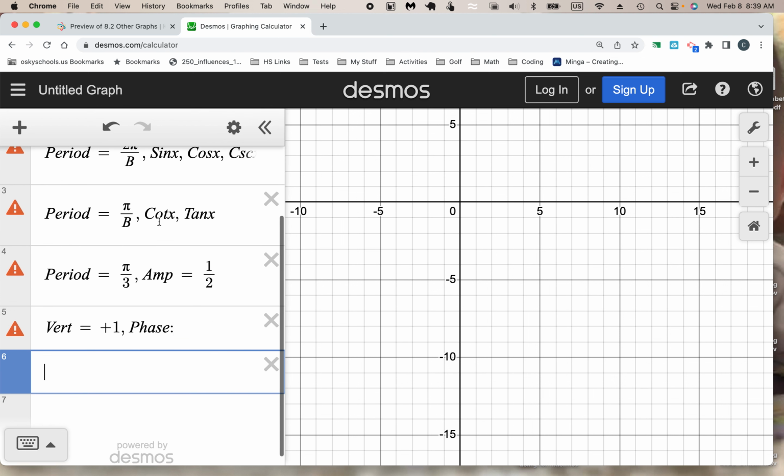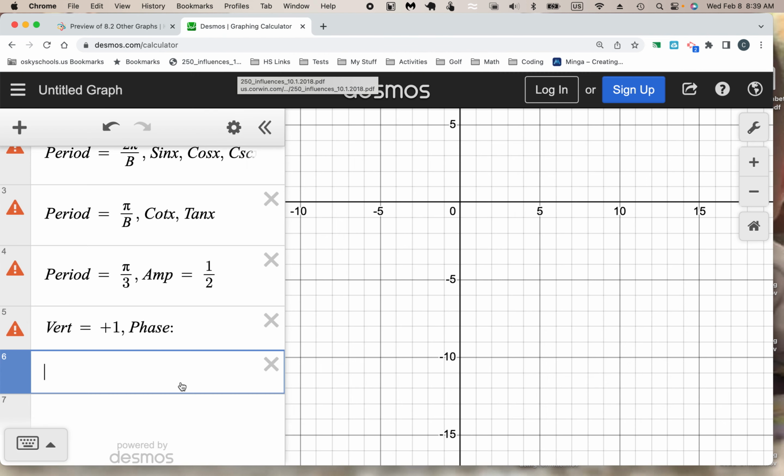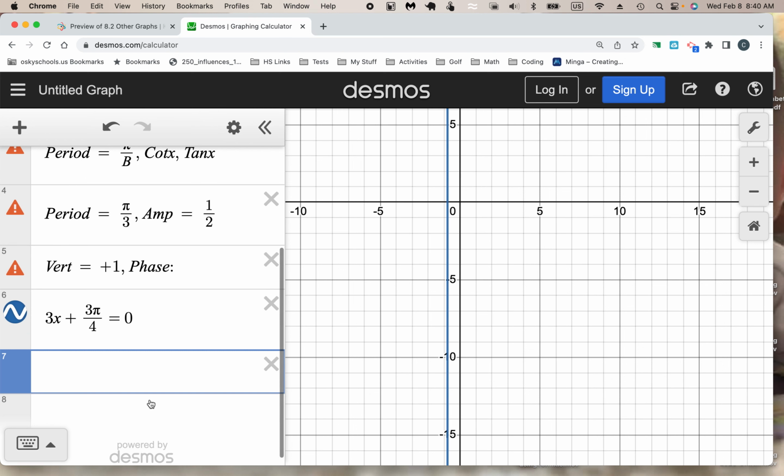To find the phase shift, I'm going to set the inside piece right here equal to 0. So 3x plus 3 pi over 4 is going to equal 0. Then I'm going to solve that. So I subtract 3 pi over 4 over.